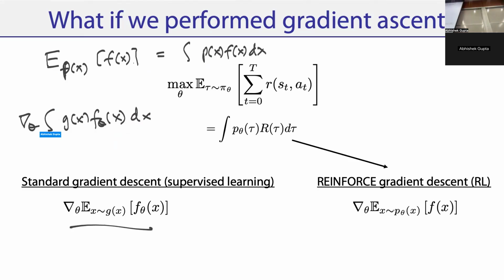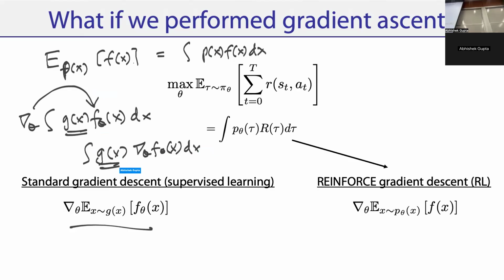I can move this gradient inside because g is a constant with respect to theta. So I will get the integral of g of x, grad theta f theta of x. Now this is a probability distribution, so I can rewrite this whole thing as the expectation of g of x, grad theta f theta of x. So you see that I'm able to move my gradient all the way inside.